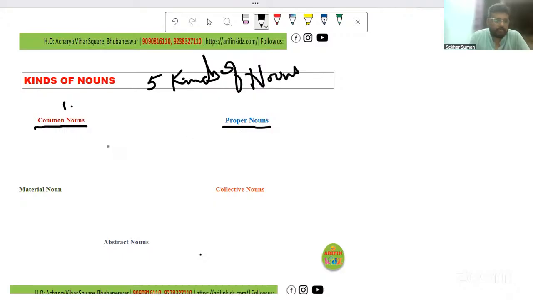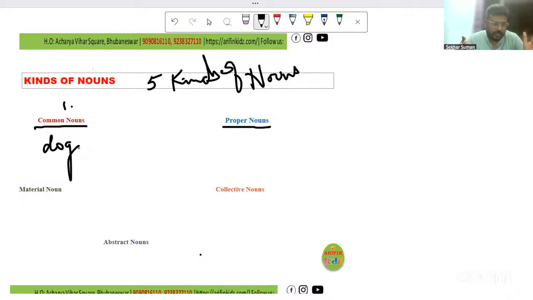Any noun that is being taken commonly in the sense, yes, material noun is also called concrete noun. You are absolutely correct. I'll be dealing with that. Okay. So common nouns are those nouns, for example, dog. This dog could be any dog in this entire world.